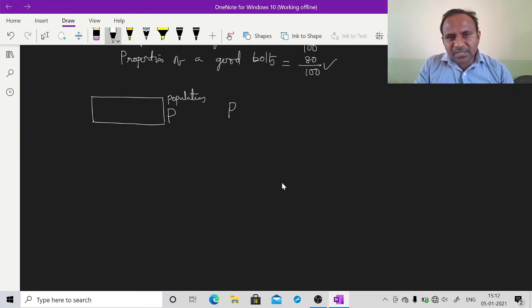You are testing whether the statement that the population proportion is equal to the prescribed number k is to be accepted or rejected.